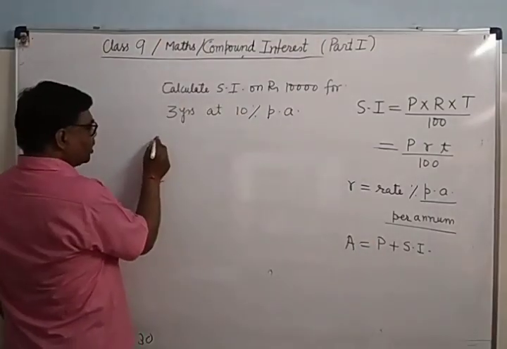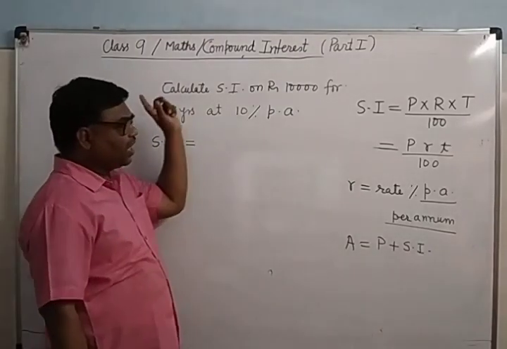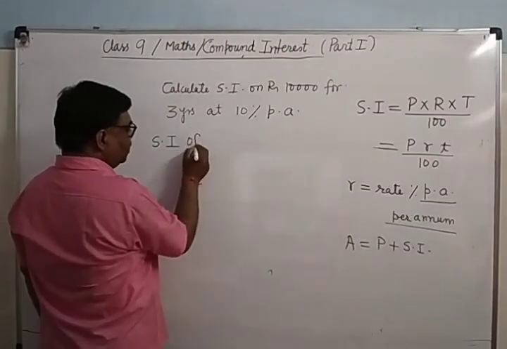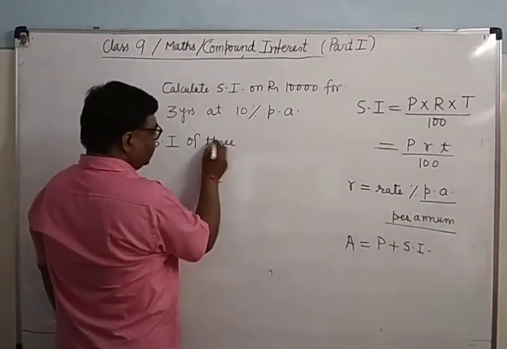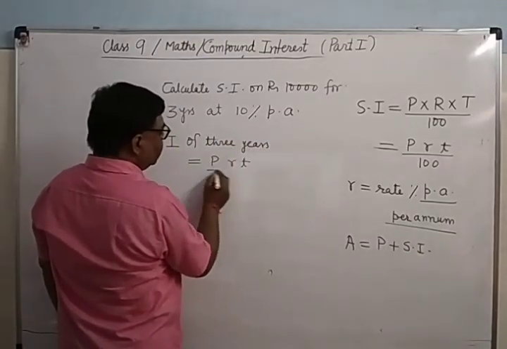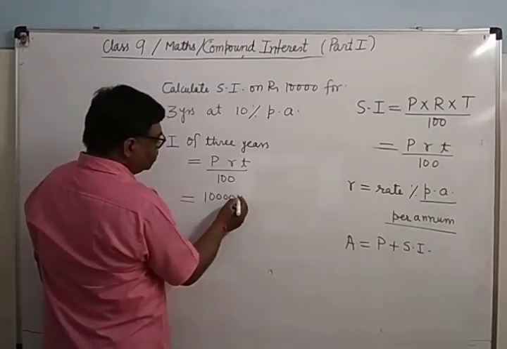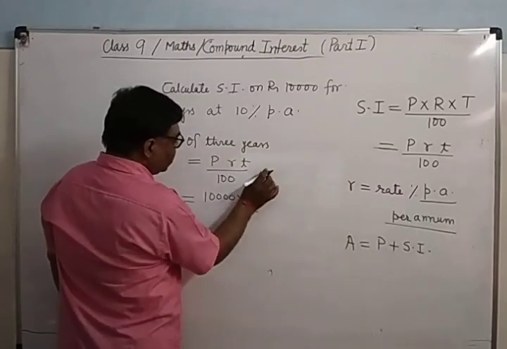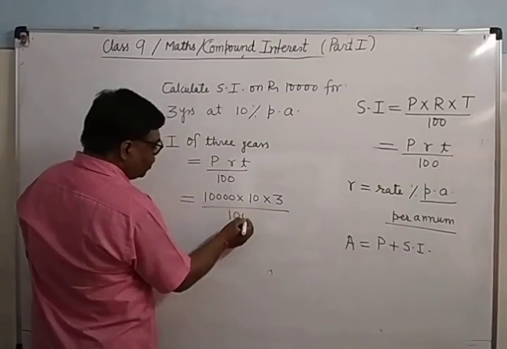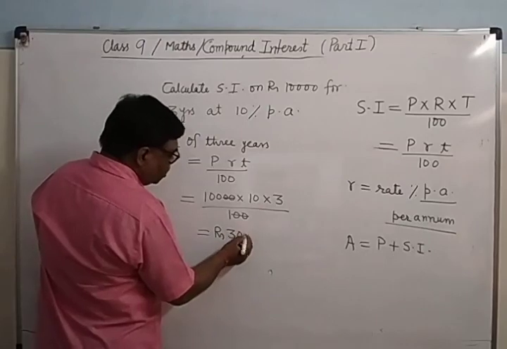Here simple interest equals PRT upon 100. We calculate all together for 3 years. PRT upon 100: this is 10,000, R is 10%, time is 3, upon 100. When you simplify, you get rupees 3,000.